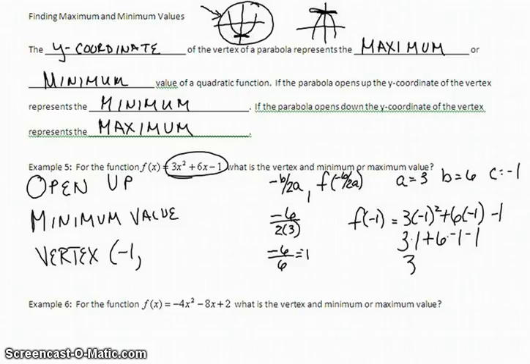So I have 3 minus 6 minus 1. So this equals negative 4. The y-coordinate is negative 4. So I have negative 1, negative 4 is my vertex. Now, the minimum value, the point where y will not go below, is this, the y-coordinate of my vertex.